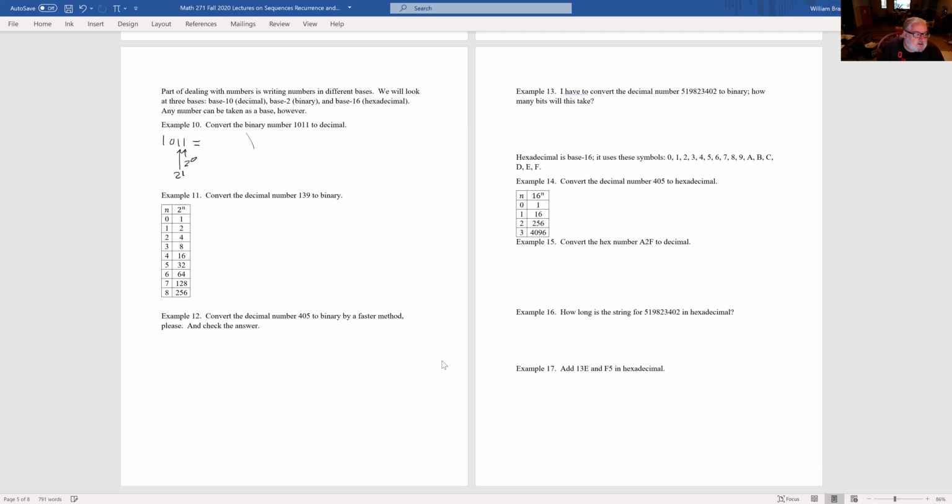That's my 2 to the 1 coefficient. That's my 2 squared. That's my 2 cubed. So if I want to write this out, it's 1 times 2 cubed plus 0 times 2 squared plus 1 times 2 to the first plus 1 times 2 to the 0, right?